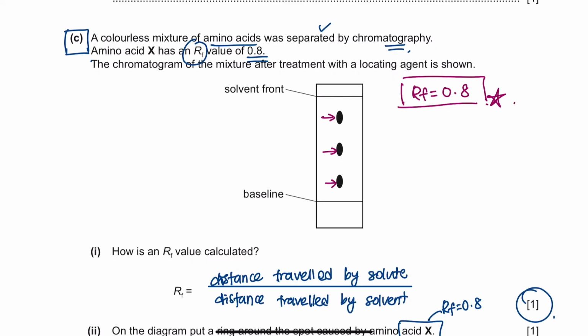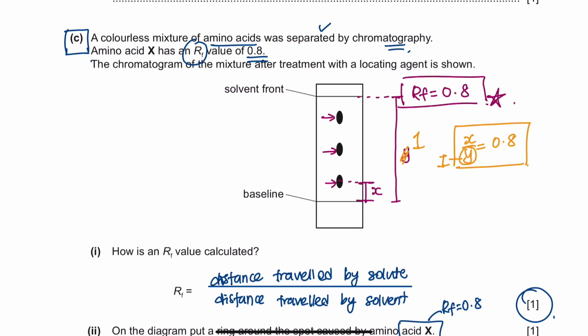Let's take the first component and just estimate what could be the RF value. Let's assume that X is the distance traveled by the solute and Y is the distance traveled by the solvent. Now this means that X over Y would give us a value of 0.8. Assuming that Y is 1, technically your X should be 0.8.